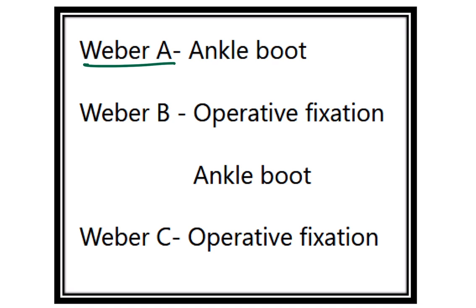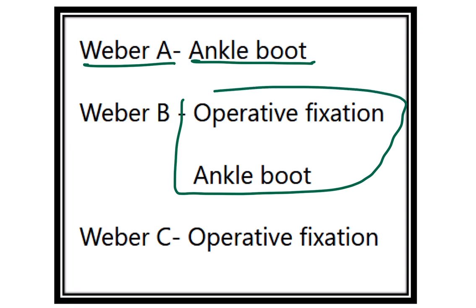So only an ankle boot is enough in a Weber type A fracture. In case of Weber type B, there are two important options. One is the ankle boot and another one is operative fixation.